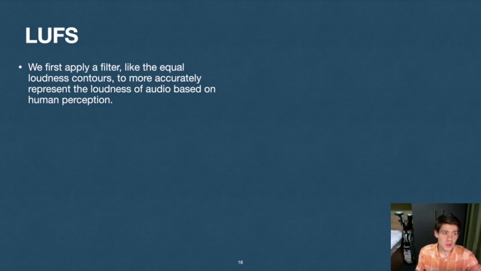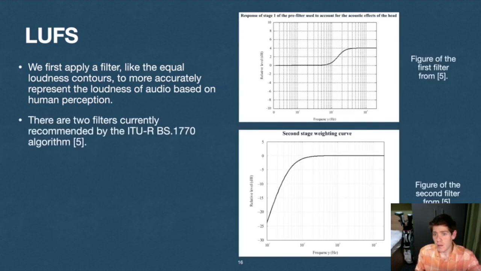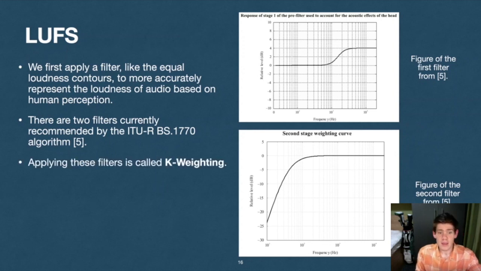What we do is we first apply a filter like the loudness contours. In fact, the actual filters we use are these. Essentially, we first increase the amplitude of frequencies above 1000 Hz, and then we slightly decrease the amplitude of frequencies below 100 Hz.